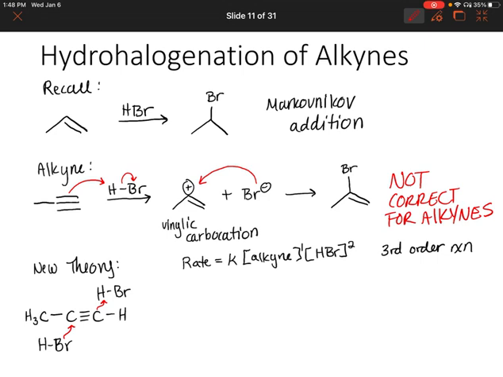And then the shared electrons in HBr up above will go to the bromine. So let's just draw the transition state and kind of see where bonds are being broken, where bonds are being made. So let's redraw the alkyne.